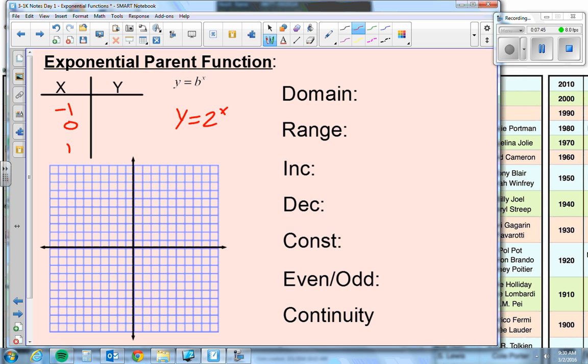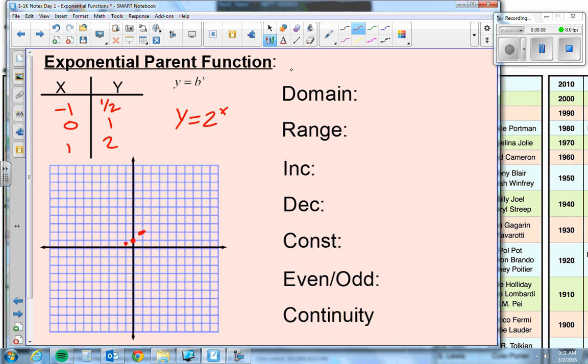What I always want is these 3 inputs. So 2 to the power of 0 is 1, 2 to the power of 1 is 2, and 2 to the power of negative 1 is 1 over 2, reciprocal of 2. And just plot those points. So it goes to the point 1 above the origin, 2 there, 1/2 here.